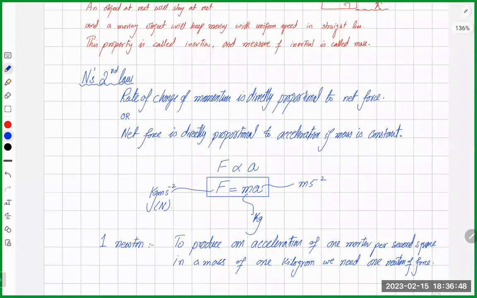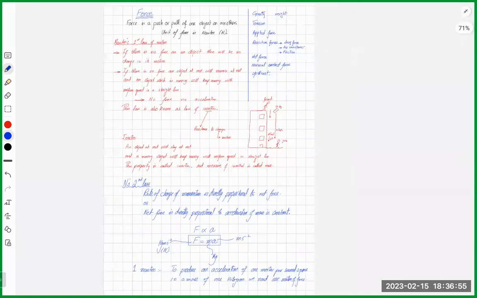So if somebody asks you what is 1 Newton, you can say it is a force that can produce an acceleration of 1 meter per second square in a mass of 1 kg.